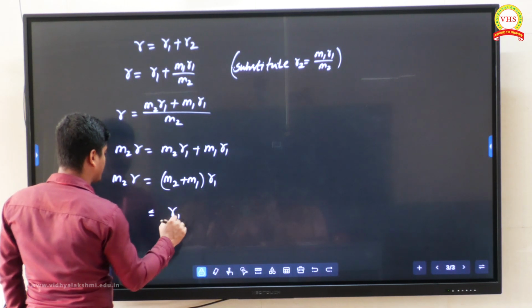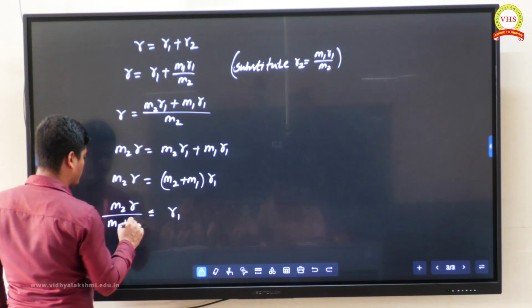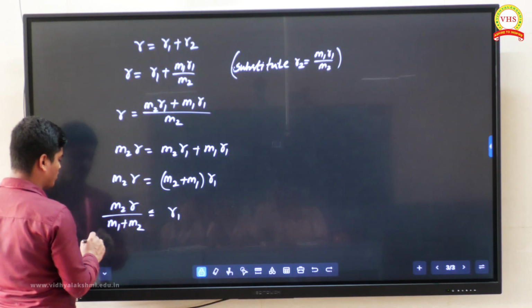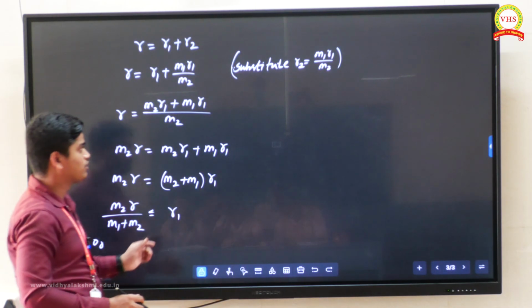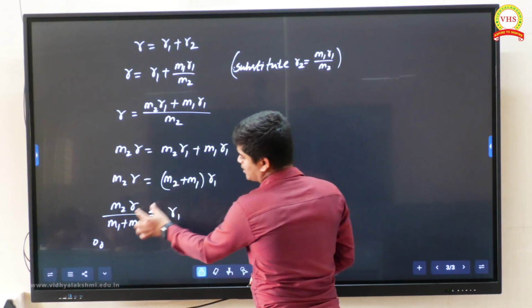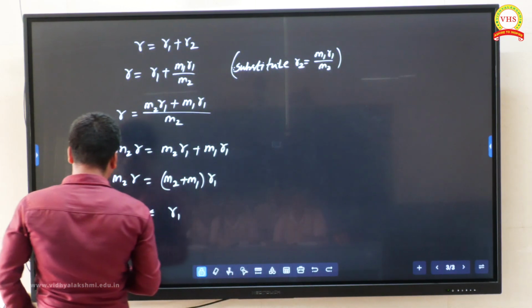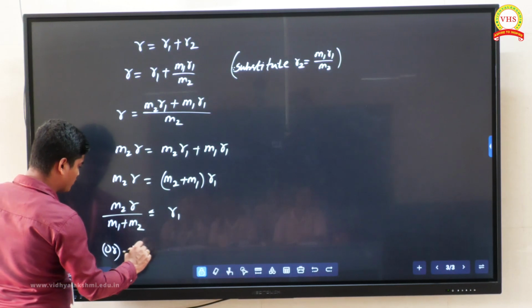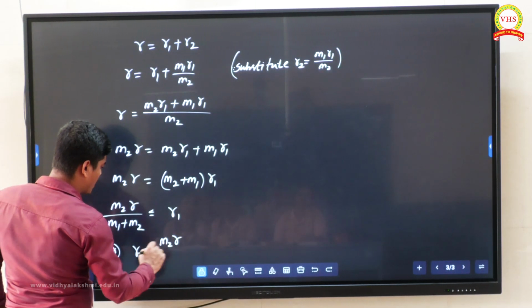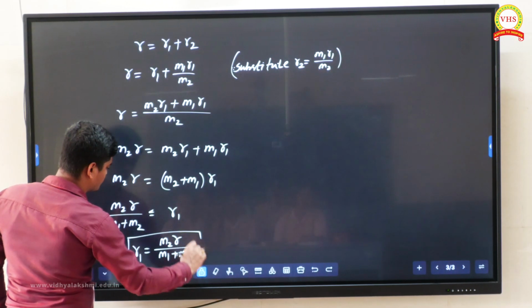Now tell, what is R1 here? M2 R by M1 plus M2. This one will come to this side. Yes or no? So I can write R1 equal to M2 R by M1 plus M2. What is this R1?